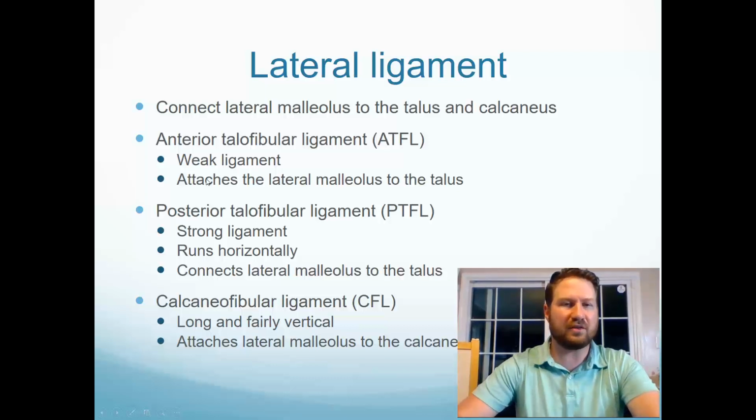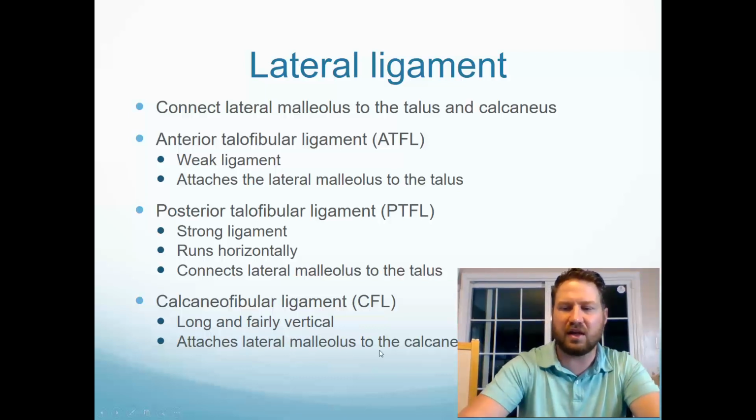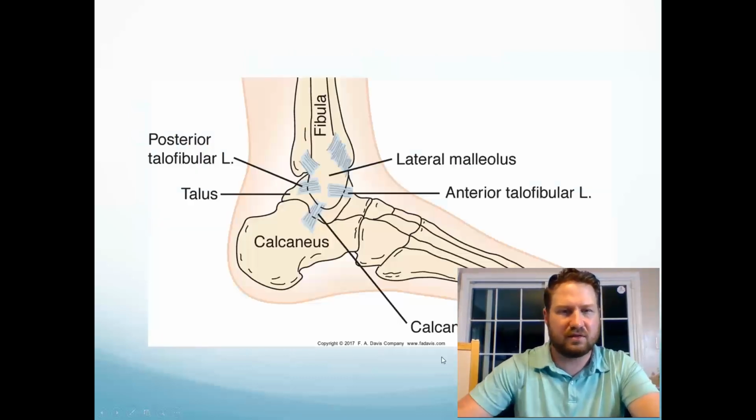Okay, so our ATFL is a weak ligament. It attaches the lateral malleolus to the talus. And we'll feel these in lab. They're pretty easy to separate. We have our PTFL, strong ligament, runs horizontally and connects the lateral malleolus to the talus. And our calcaneofibular ligament, or CFL, is long and fairly vertical as it attaches the lateral malleolus to the calcaneus underneath it.